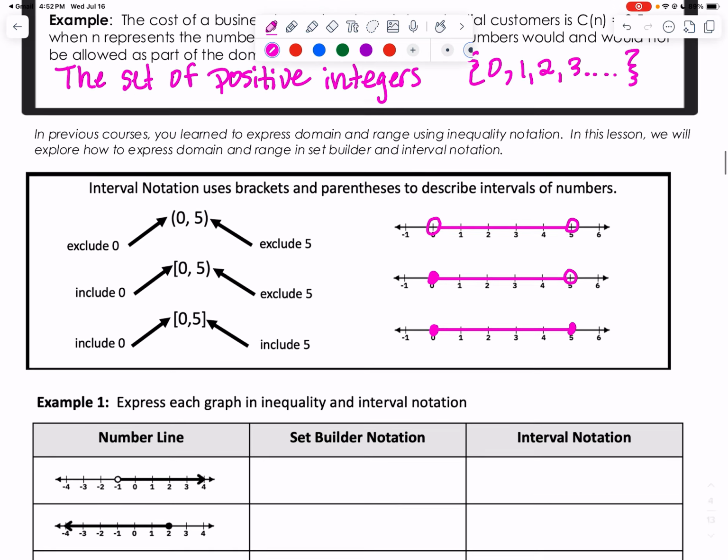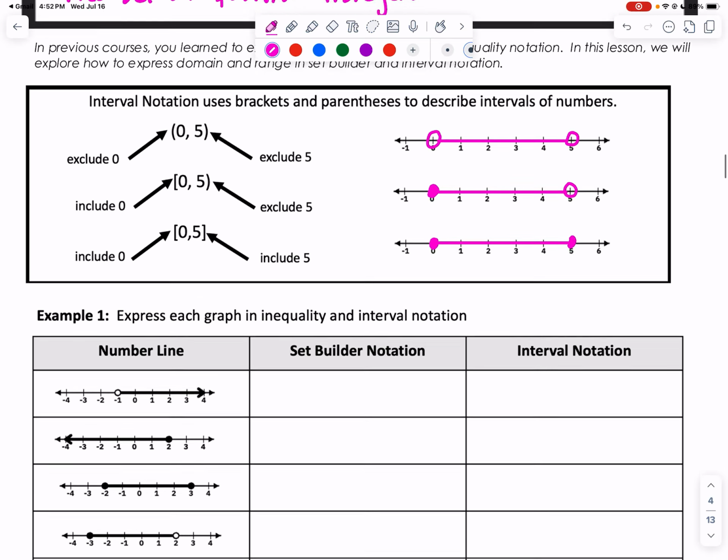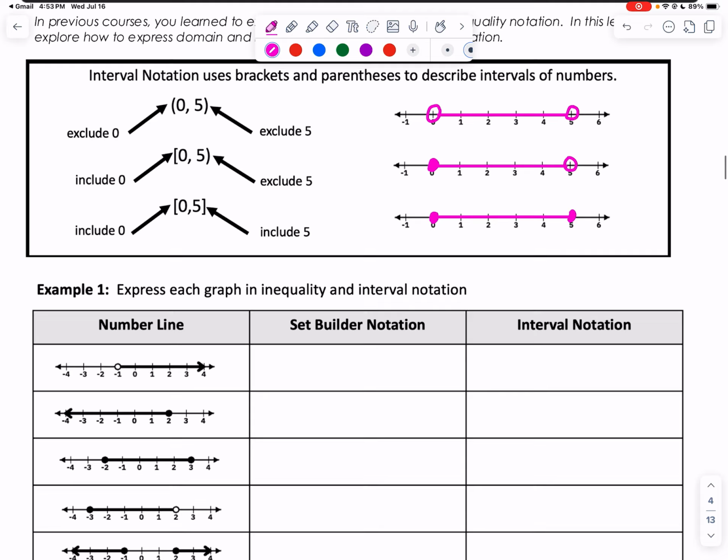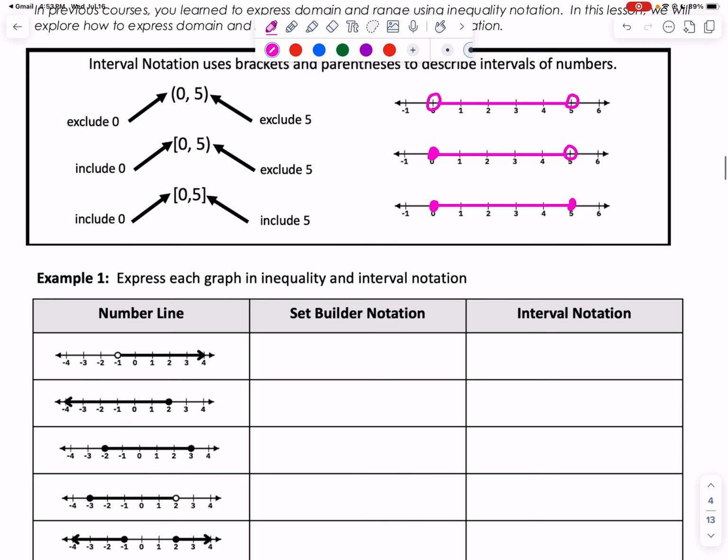Now, in our next example, they're going to give us a number line, and we're going to express that number line in set builder notation and interval notation. So in problem 1, we have a number line with -1 not included, and then it's shaded to the right. So this means our included numbers are any number that is greater than -1. So in set builder notation, we use braces, and we would say the set of all x's such that x must be greater than -1.